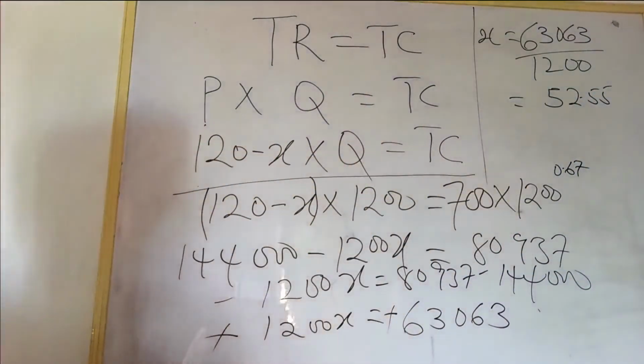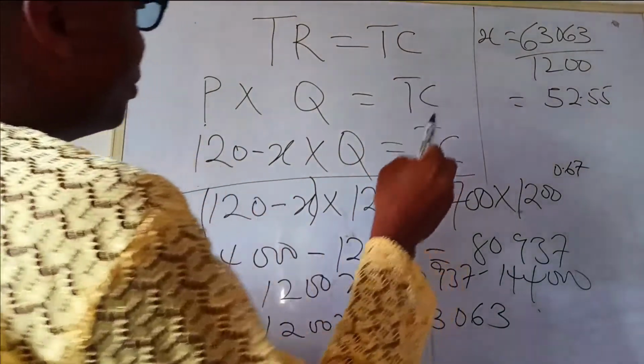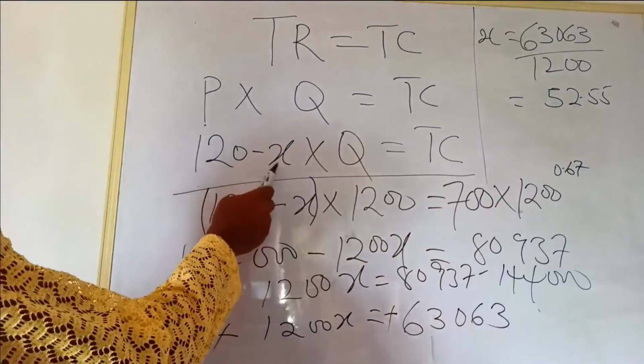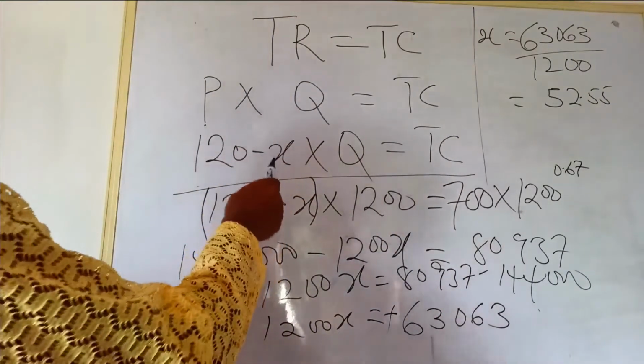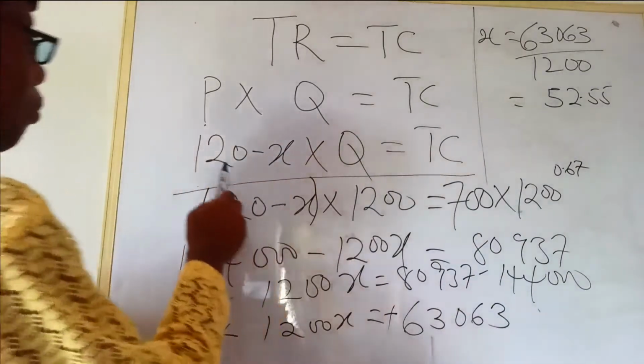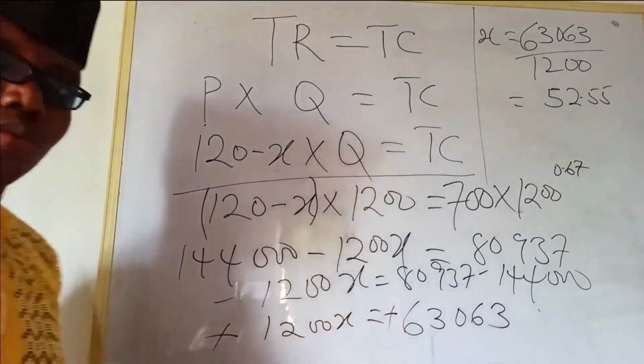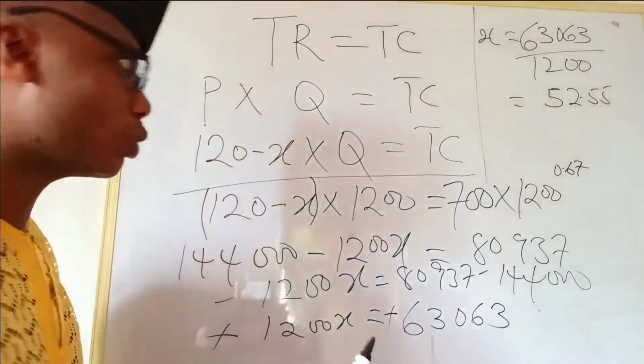So the price cut from this part, 52.55 is x. Therefore, 120 minus 52.55 will give you the amount the new price is going to be.